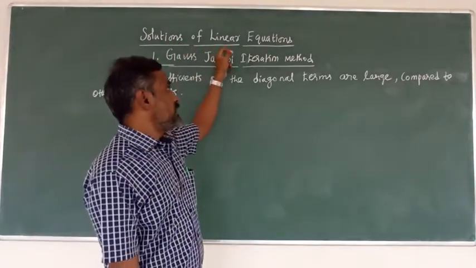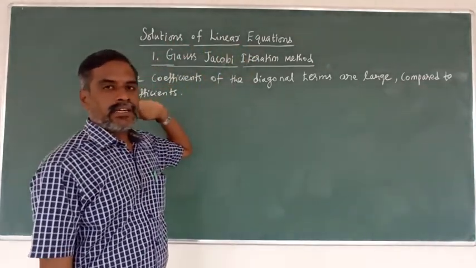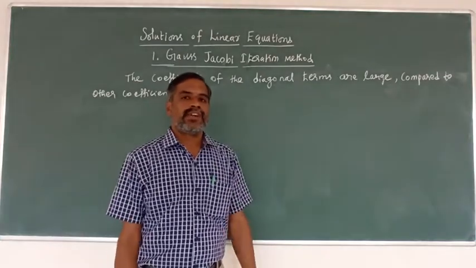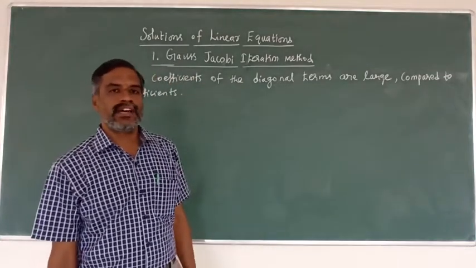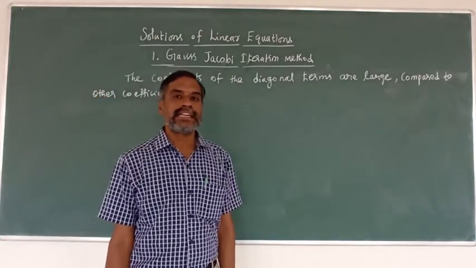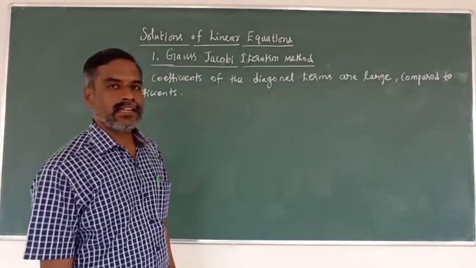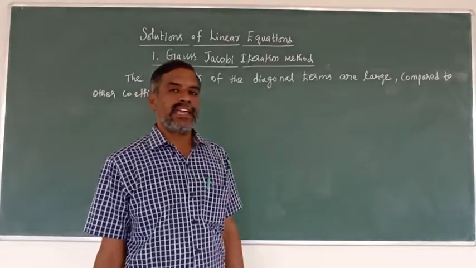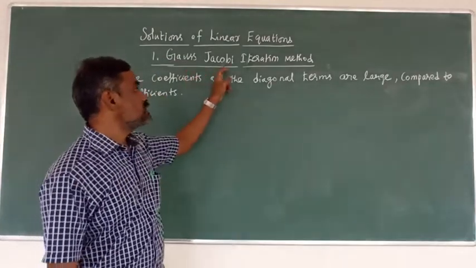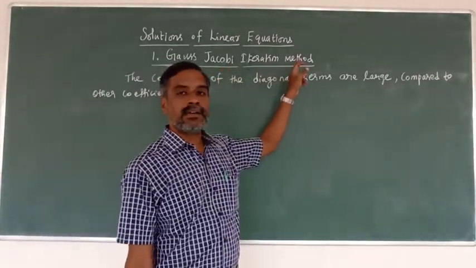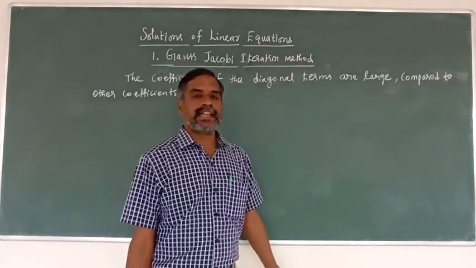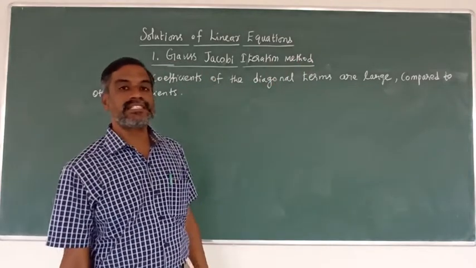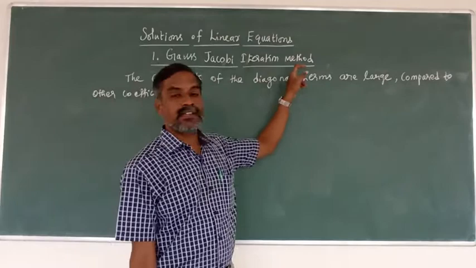Solutions of linear equations: there are two methods, the direct method and the indirect method. In the indirect method, there are two types: the Gauss-Jacobi iteration method and the Gauss-Seidel iteration method.